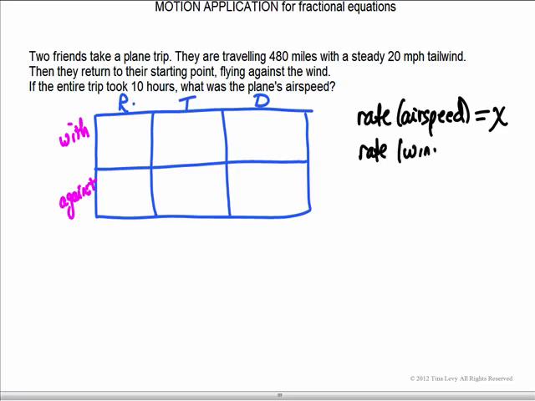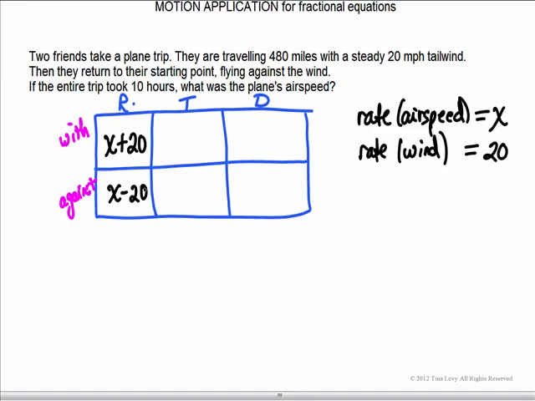And we were given that that rate is 20 miles per hour. The rate with the wind, I'm going faster, so that rate is x plus 20. But the rate against the wind, I start with x, but then the wind is taking off 20, so that is x minus 20.